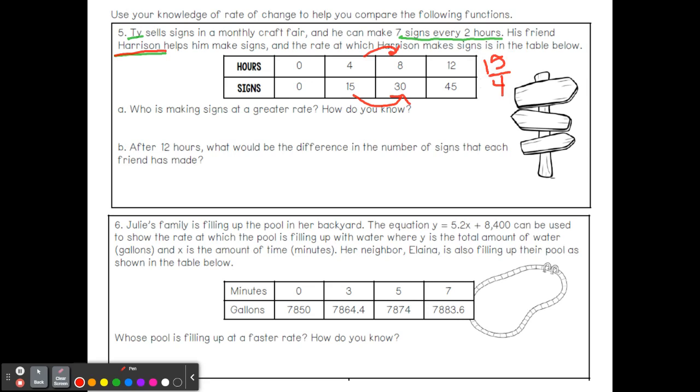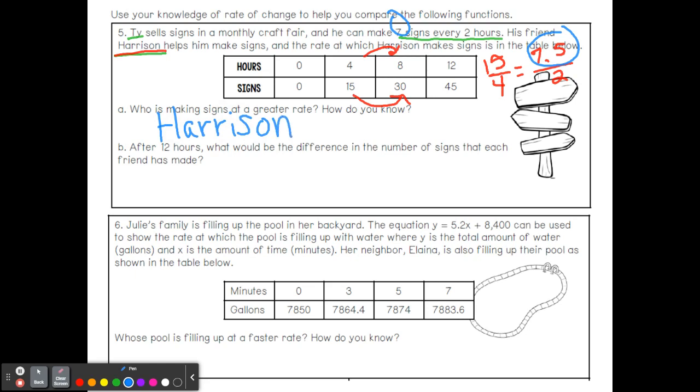Okay, so we can simplify that if we want to, and we would get 7.5 over 2. Okay, so who is making signs at the greater rate? Well, 7.5 signs in 2 hours is more than 7 signs every 2 hours. So that means that Harrison is a little bit faster at making signs.